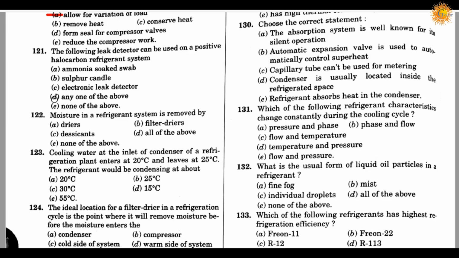So the correct answer is C, because the leak detector can be used as an electronic leak detector.